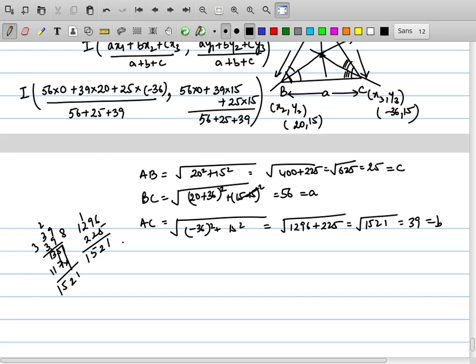So this is 0, this is 780, and 25 into 36 is 900, minus.